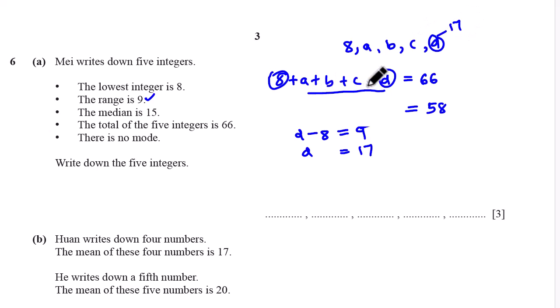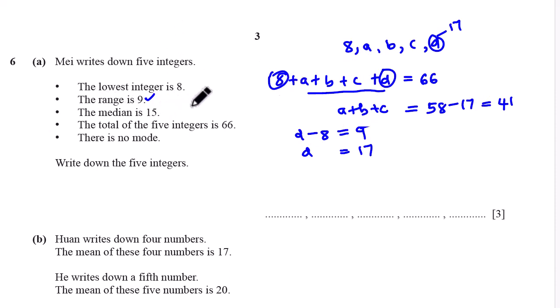Then A plus B plus C plus 17 is 58. So it simply means that A plus B plus C is going to be 58 minus 17, which is simply 41. So A plus B plus C is 41. Also, we were told that the median is 15.